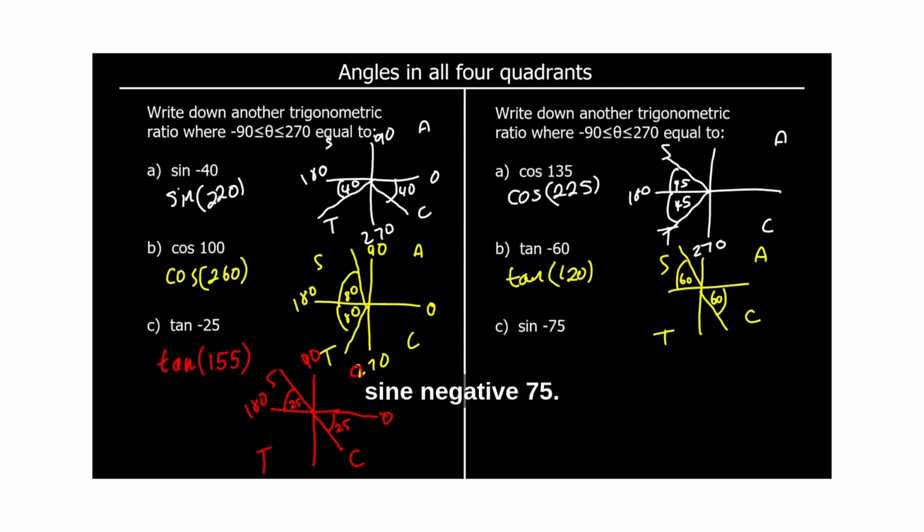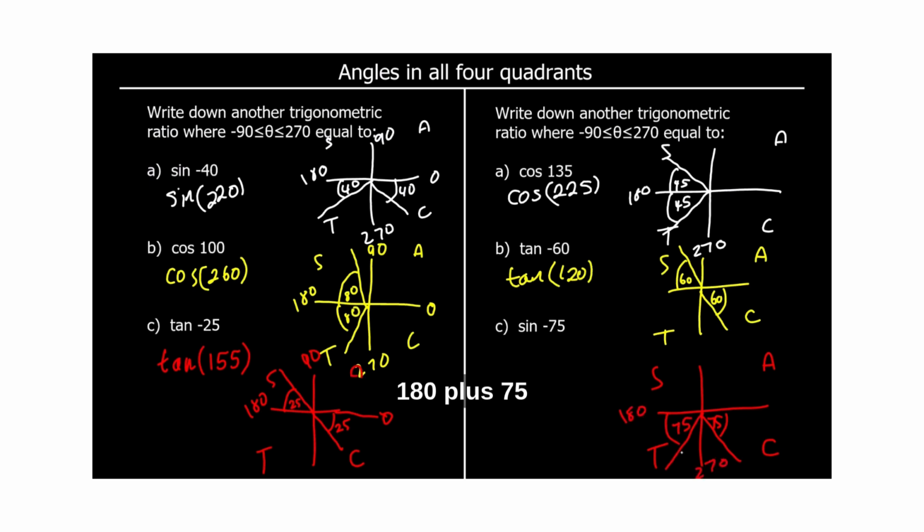And sine negative 75. So sine's negative. So it's negative again between 180 and 270. 180 plus 75 is 255.